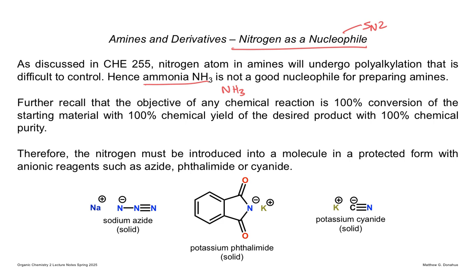What happens is you over-alkylate. So since we're no longer dealing with hydrogen, if we're dealing with carbon, we call it an alkylation. That nitrogen atom will get many carbon groups on it. So for example, if you took ethyl bromide plus ammonia, and you wanted to make ethylamine, the reaction wouldn't stop there.